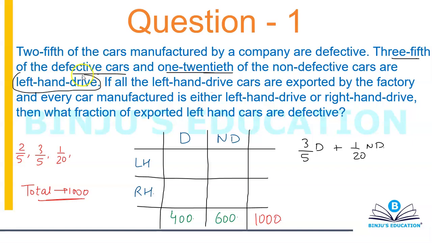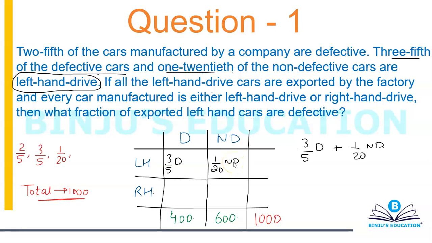So I can say that 3/5 of defective are left-hand. That means this value will be 3 by 5d. Because it says that 3/5 of defective are left-hand. 3 by 5 of total defective are left-hand. Similarly, 1/20th of non-defective are left-hand. So 1/20th of non-defective would come here.